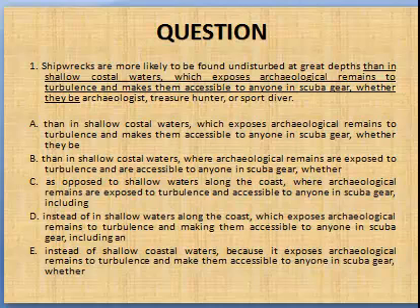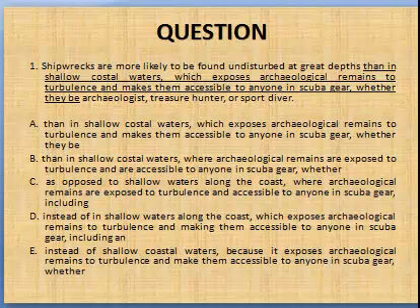We'll start from the left and from the end to make our life easy. So it says, then in shallow coastal waters, as opposed to shallow coastal water along the coast, instead of shallow coast waters along the coast. Why two times shallow waters along the coast? Okay, so let's look at what's before that.